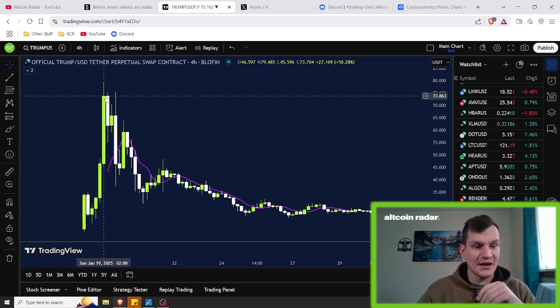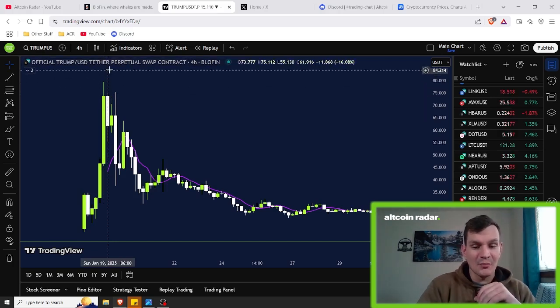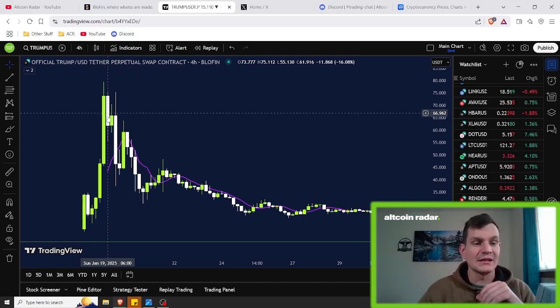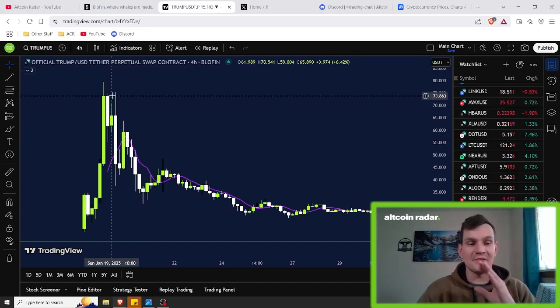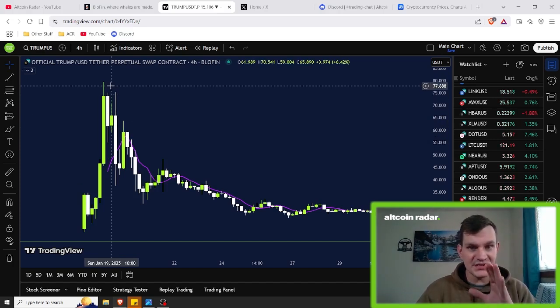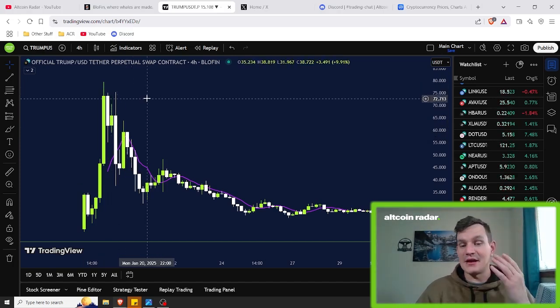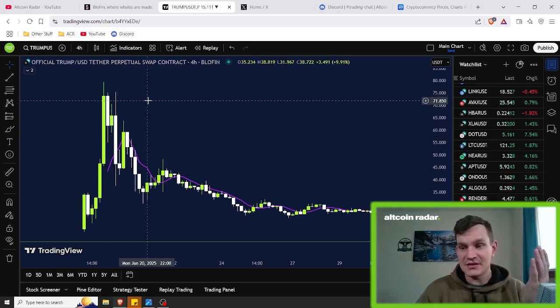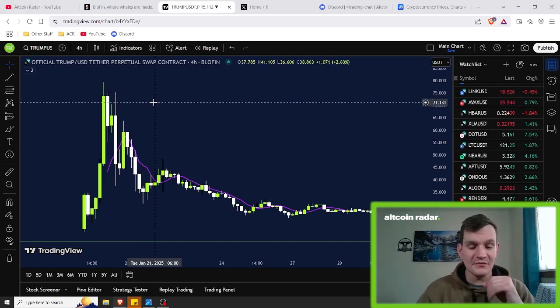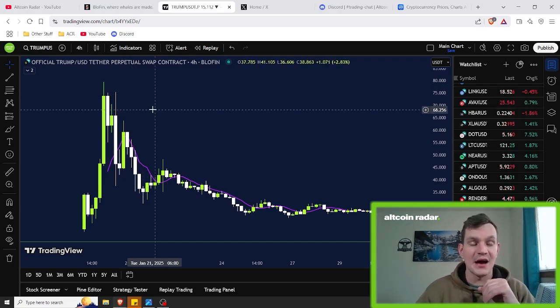Now, the next 4-hour candle did end up opening, and instead of it starting to go upwards, it started to go downwards, and it started to go downwards by a lot. Again, this is another good signal that should tell you that if bears are starting to take over, I should probably get out of this coin and take my profits and not be greedy here.